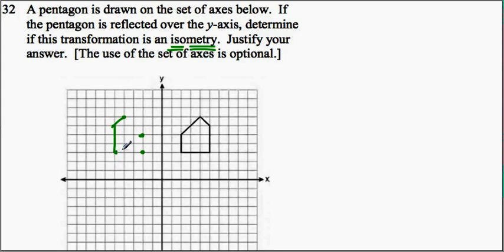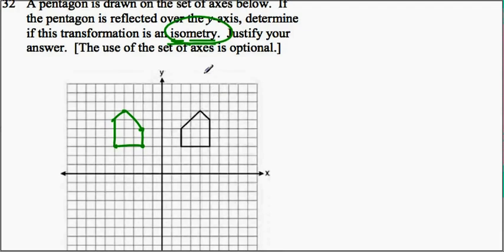And if I were to connect the dots, I will end up getting a shape that looks very similar to the first one, except the orientation has been changed. But yes, it is an isometry because it didn't change the size.